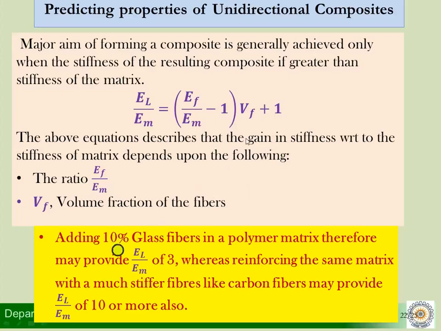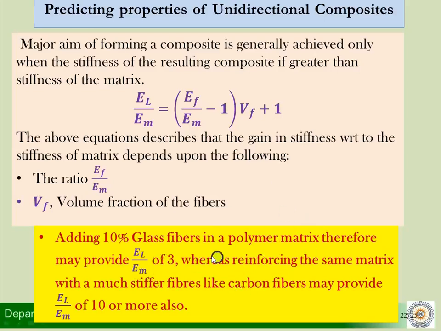For a constant volume fraction of 10%, when I put 10% glass fibers in my polymer matrix, because glass fibers are less stiff than carbon fibers, this may provide you EL by EM equal to 3, because EF of glass fibers is less as compared to carbon fibers.